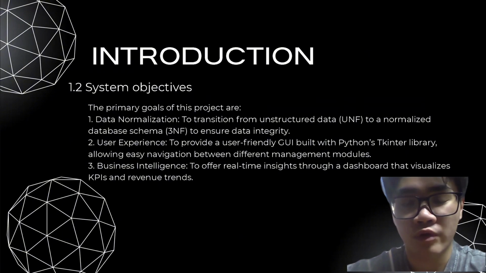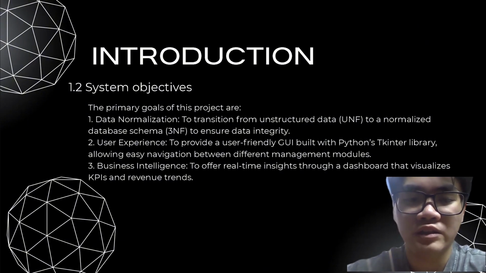Next, very important, is the user experience, to provide a user-friendly UI built with the Python Tkinter library, allowing easy navigation between different management modules. And finally is business intelligence, to offer real-time insights through a dashboard that visualizes KPIs and revenue trends.